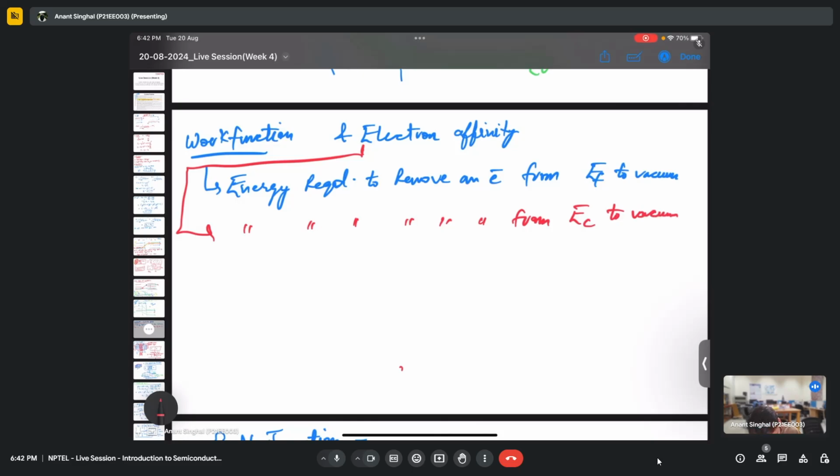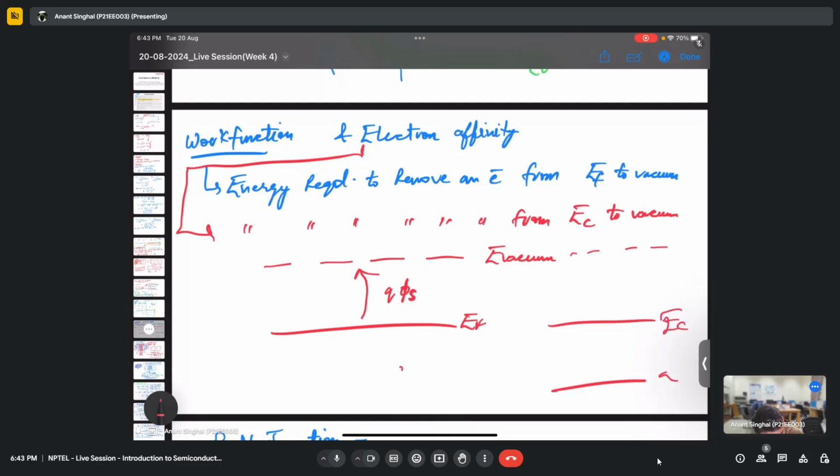So let's say I have some energy level at vacuum, and maybe the Fermi level is here. The energy required to remove an electron from EF to vacuum is what we call the work function, which is qφ, and let's say for the semiconductor I am writing it as S. Similarly, if I have a vacuum and a conduction and valence band, this energy that we require is known as electron affinity, denoted by chi.